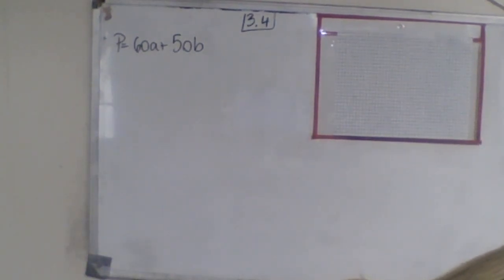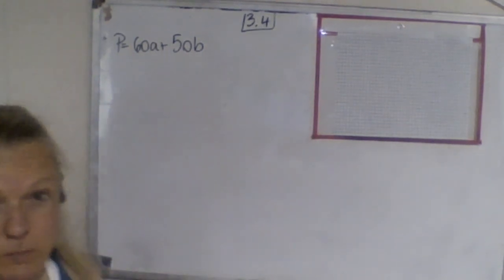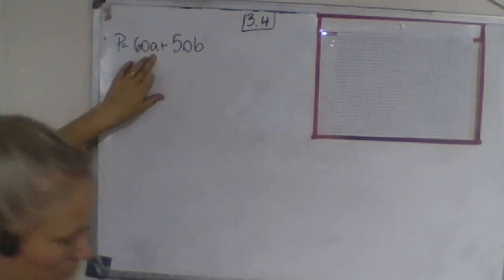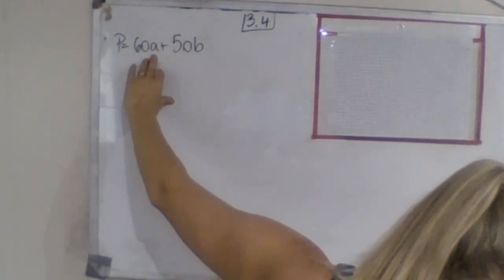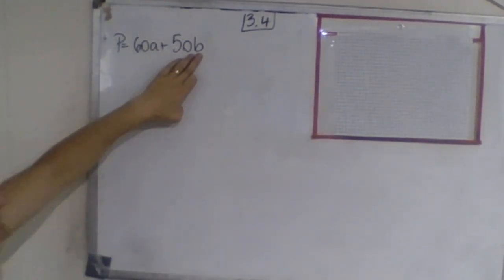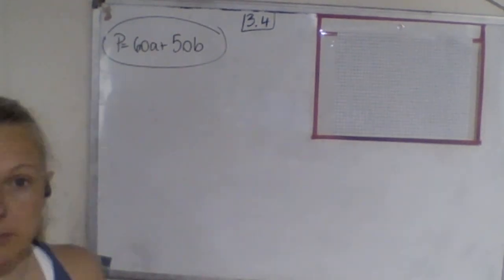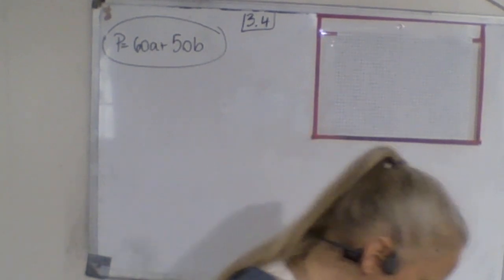It says, Plant A earns $60 per bicycle. Plant B earns $50 per bicycle. They want to talk about maximize profit. So my profit is, I make $60 per bicycle for plant A, and I make $50 per bicycle for plant B. This gives me my objective function. My profit is my objective function. We talked about this when we read in class.